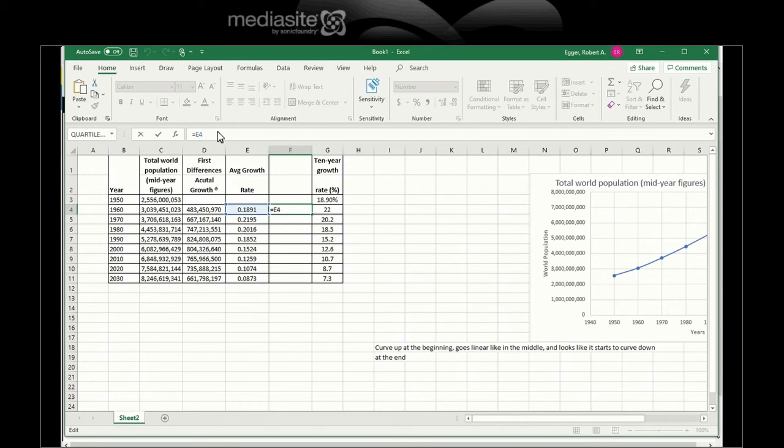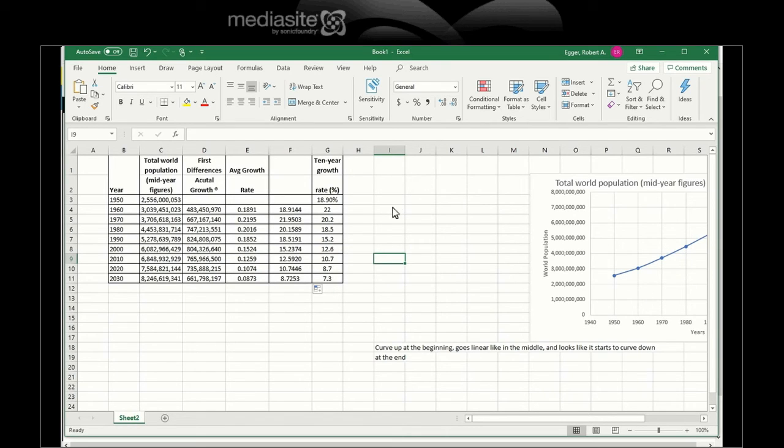E4 times 100. Oh, there we go. So about 19%, 22%, 20%, 18.5%, 15%.